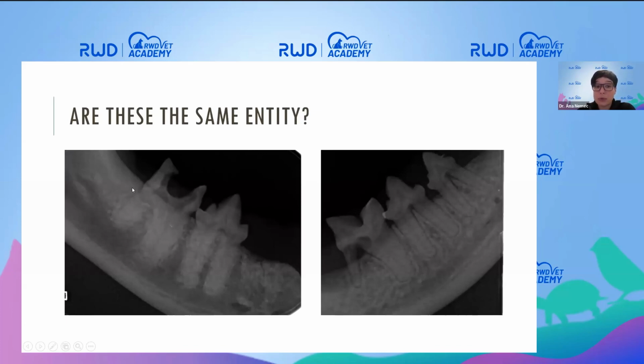While this smaller tooth on the left image is periodontally healthy, but it's also affected by tooth resorption. So are these two types of tooth resorption the same or not? Is this one driven by inflammation and this one by something that we don't know? Or both are driven by something that we don't know? These are all questions that still remain to be answered.